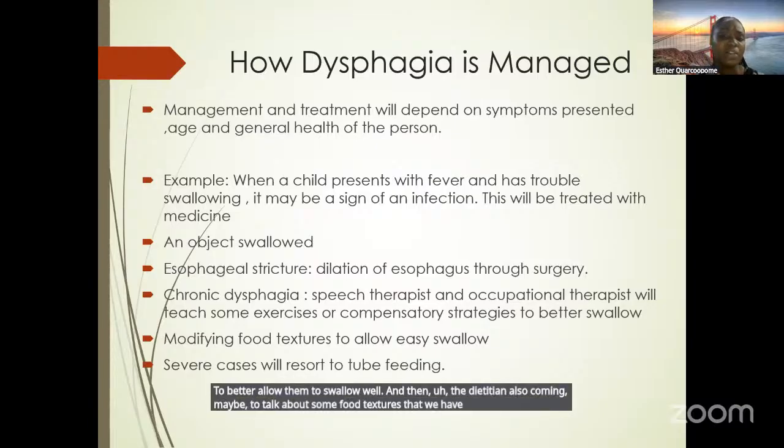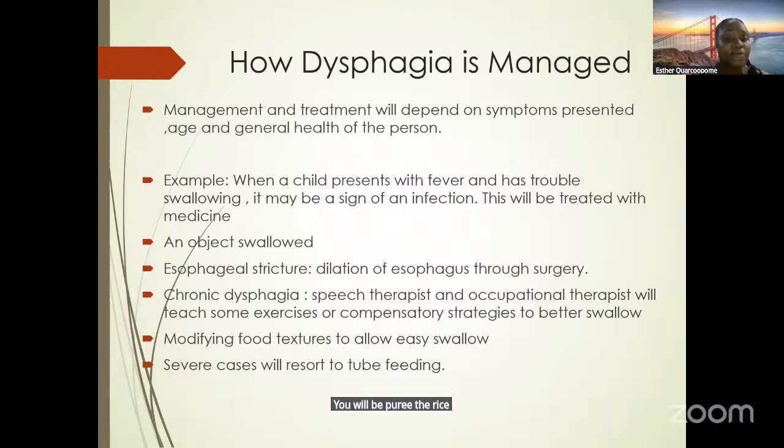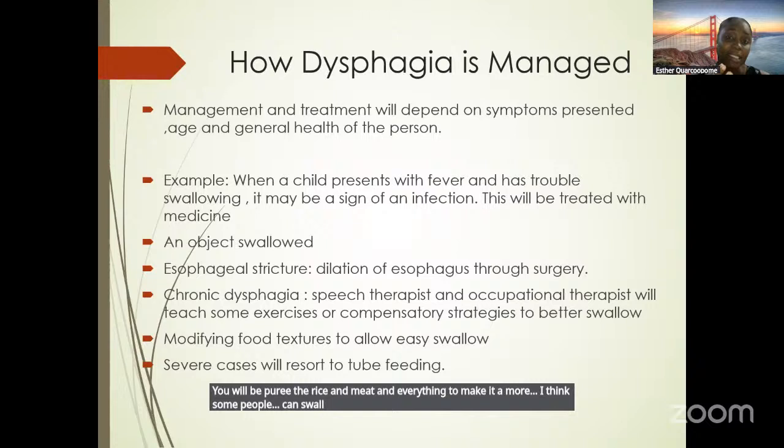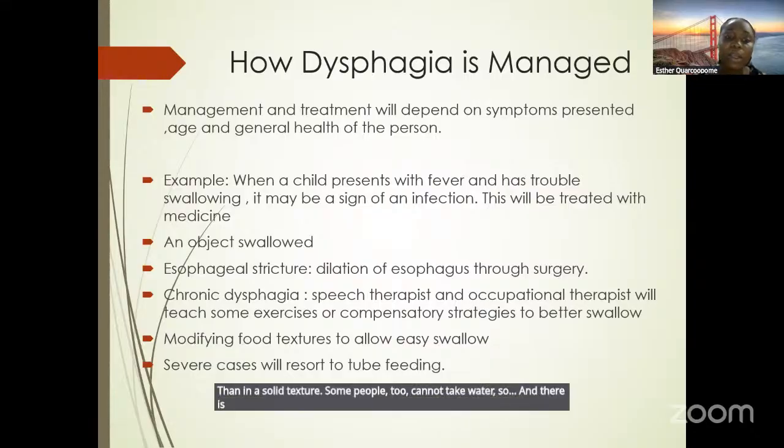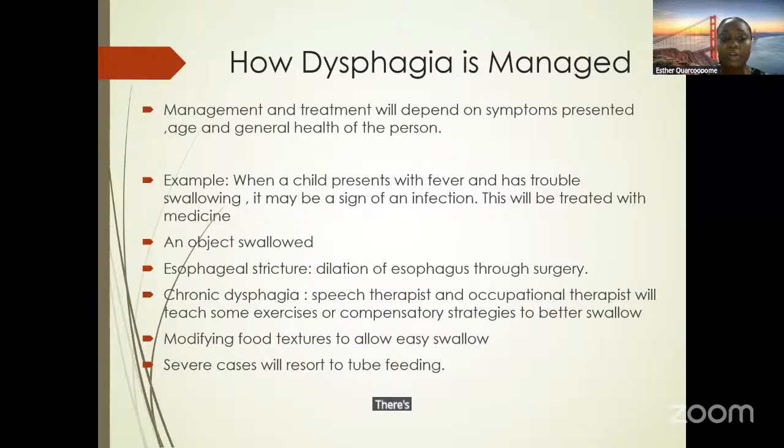And then the dietitian will also come in to talk about some food textures that we have to modify. So maybe instead of eating the meat when it's solid and you cannot swallow, you puree the rice and meat and everything to make it softer. I think some people can swallow it in that texture rather than in the solid texture. Some people too cannot take water, so there is a way of getting them to hydrate to have their water.